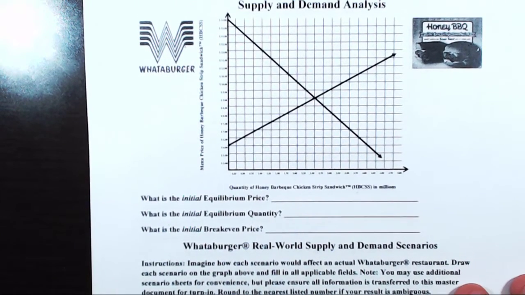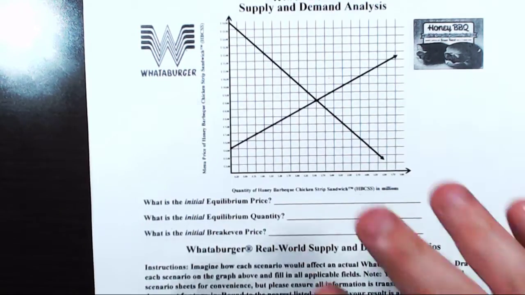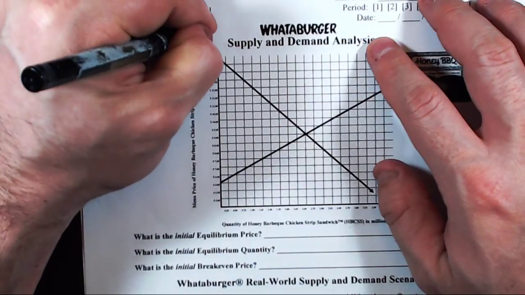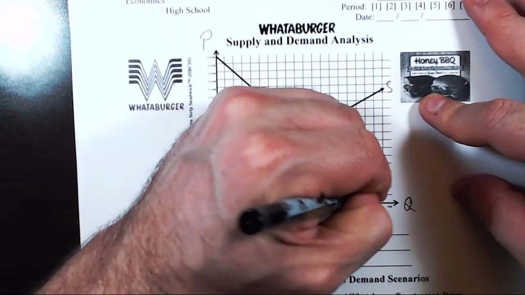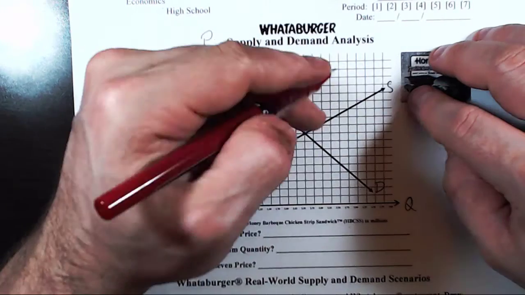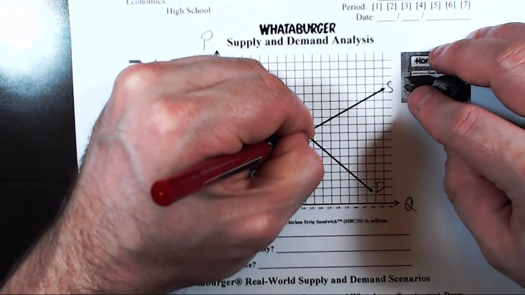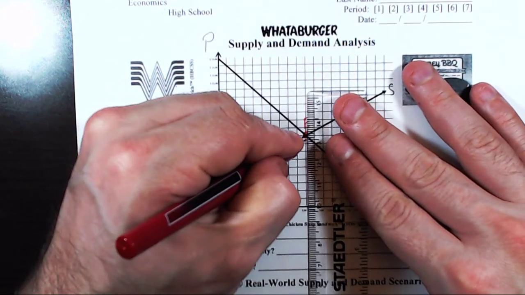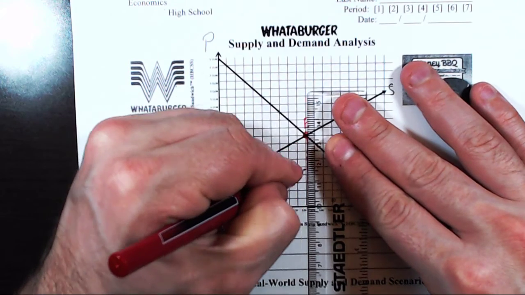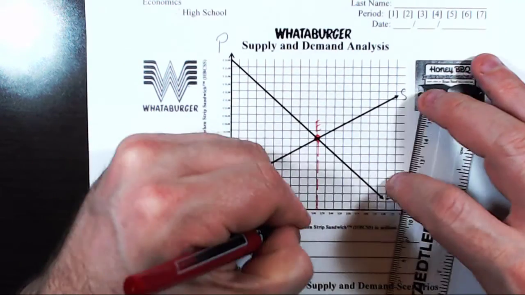All right, we've arrived. Let's see. First, we'll label our graph before we do the analysis. Price, quantity, supply, demand. Then I'll indicate the equilibrium point right here. And I will draw the quantity equilibrium at 2.5 million.